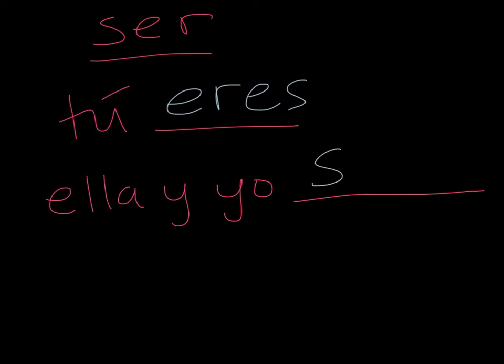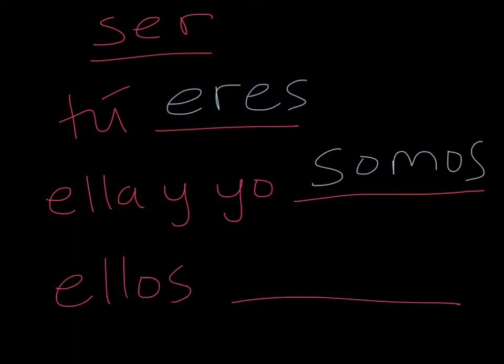Muy bien. Tenemos el verbo somos. Y una vez más, si tengo ellos, my verb for ser would be what? Go ahead and pause the video to think about your answer. Muy bien, el verbo es son.